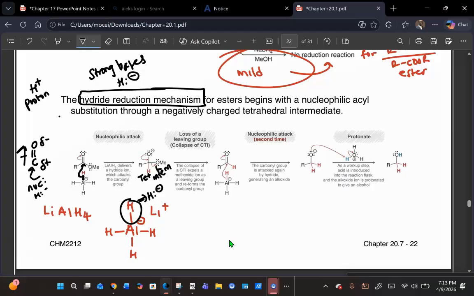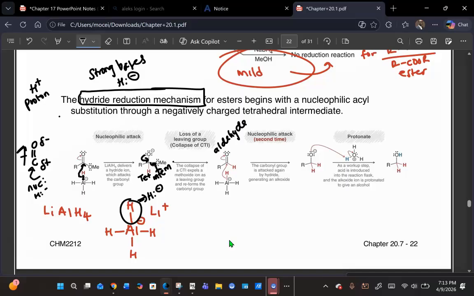So this will be our tetrahedral intermediate that collapses back down in the presence of a strong base. OMe becomes a good leaving group, usually it's not. Question: does H leave? No. Does the R group containing carbon leave? No. So OMe has to leave, giving you an aldehyde intermediate.